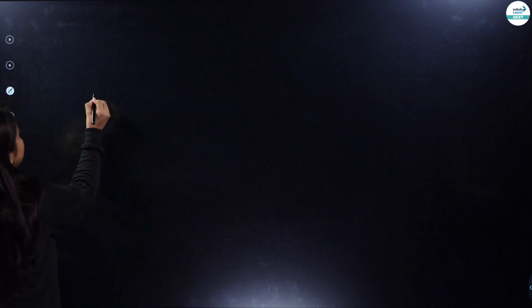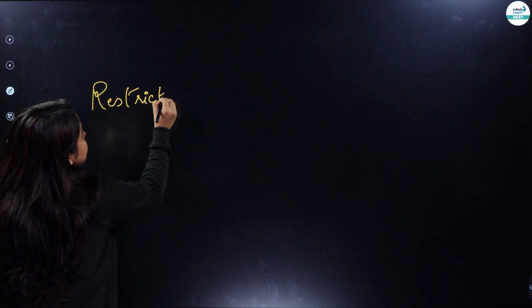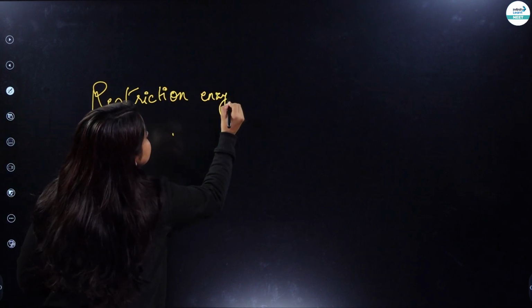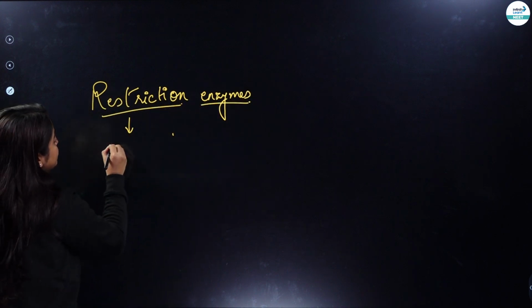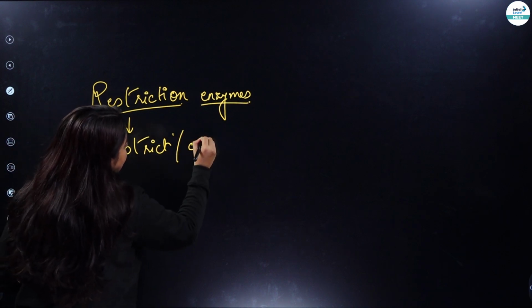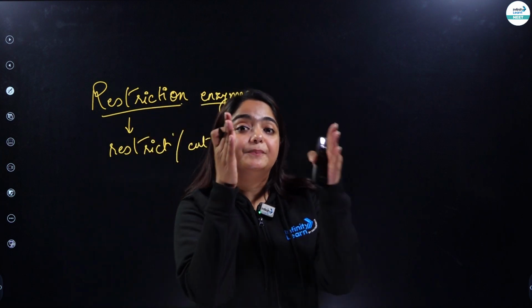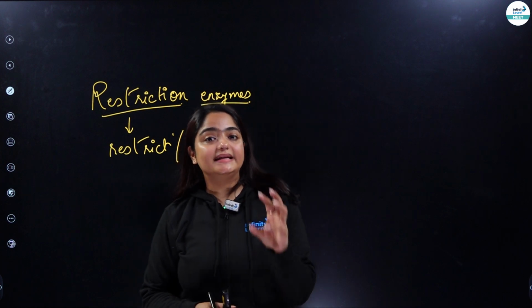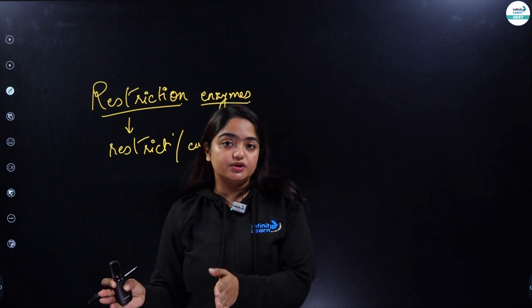Now when I talk about restriction enzymes, as I've always said, by the name itself it's pretty clear. It says restriction, which means this enzyme is going to restrict something or cut something. So a restriction enzyme is that enzyme which helps us in breaking down or cutting the DNA. हाँ जी, क्योंकि जब कभी भी हमें DNA के साथ genetic engineering करनी पड़ती है तो as it is you cannot utilize that DNA, right?